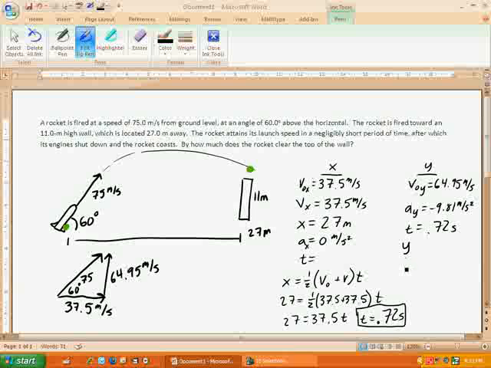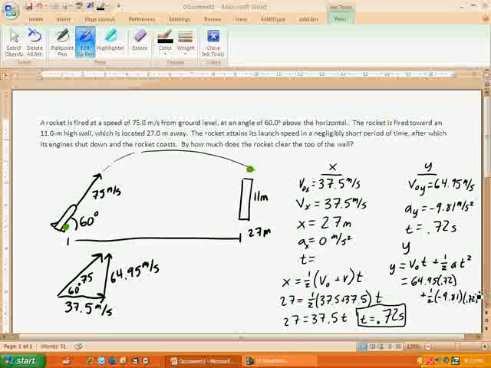That looks like y is equal to the initial velocity times the time plus 1/2 a t squared. We should just be able to plug the values in now: 64.95 times 0.72 plus 1/2 times negative 9.81 times 0.72 squared.